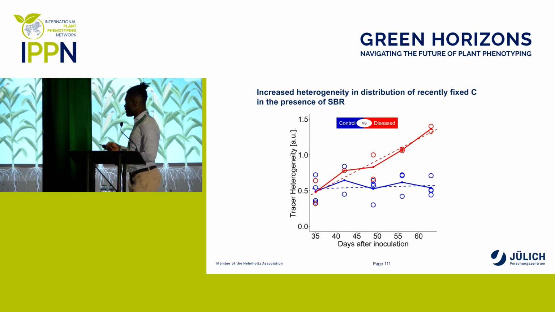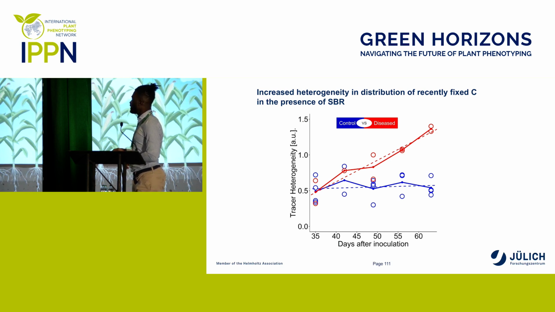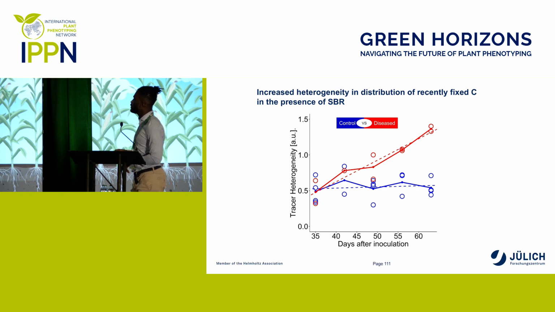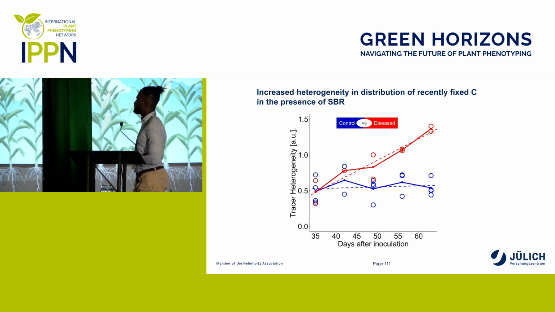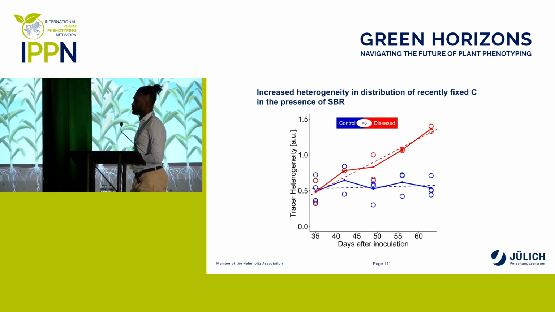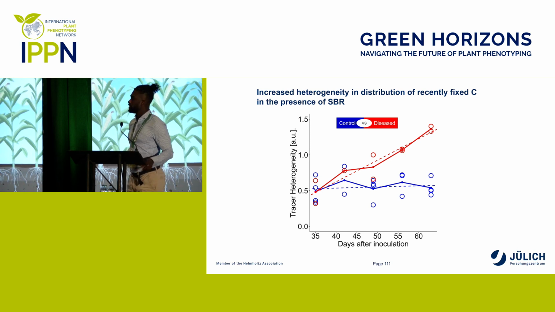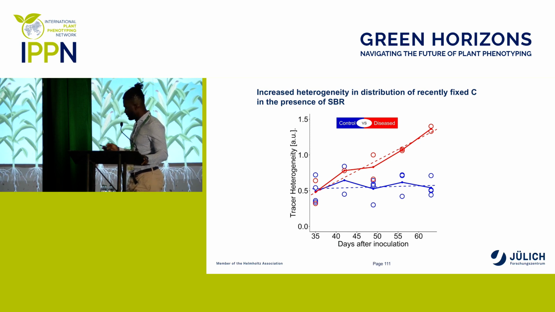We fit a linear model, and we observed that in the control samples, which I'm showing in blue dotted lines, we didn't see any strong relationship, but in the disease samples, we found a strong relationship where we observed around a 3% increase in heterogeneity per day in our measurements.